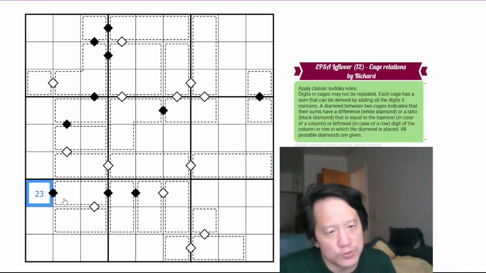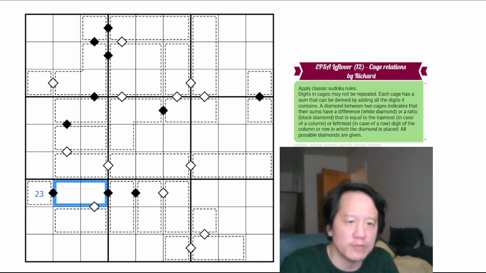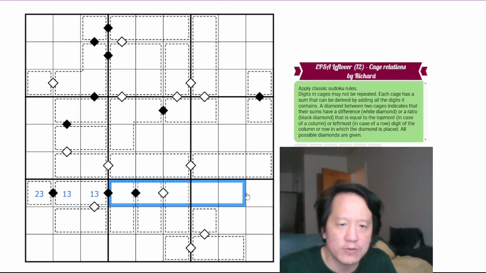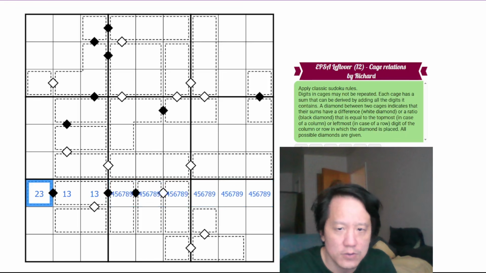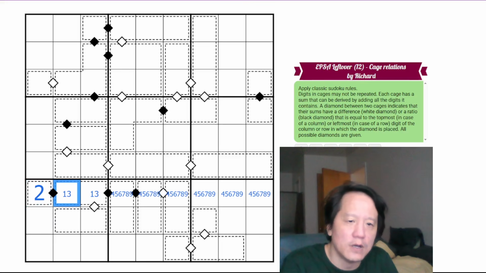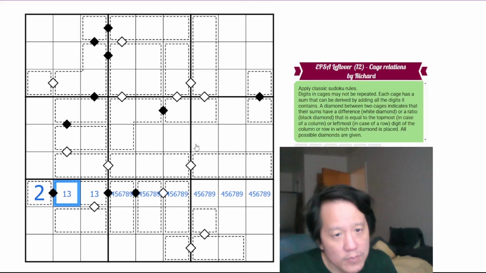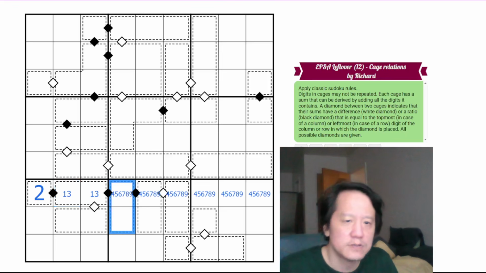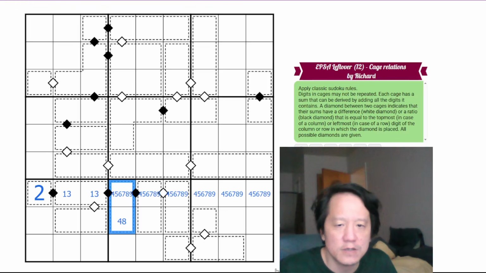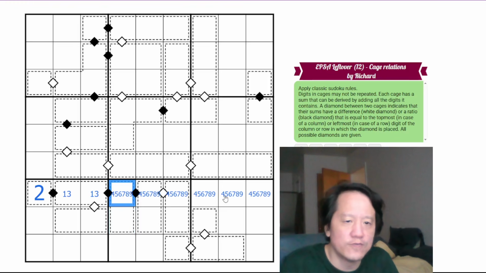If this were 2, this has to be 4, so then it would be 1, 3 as a pair here. That would leave the remaining digits of 4 through 9 here. That means this would have to add up to 8. So no 4, 8, 9 here.